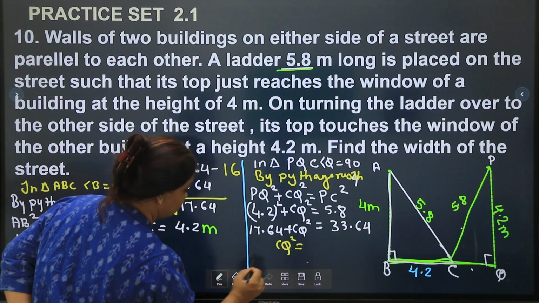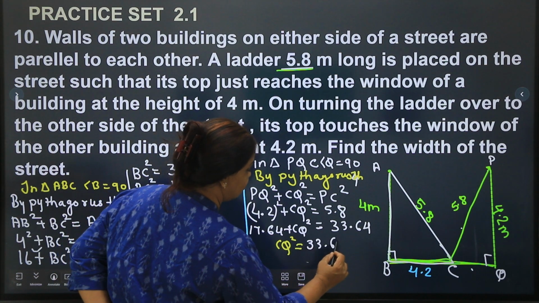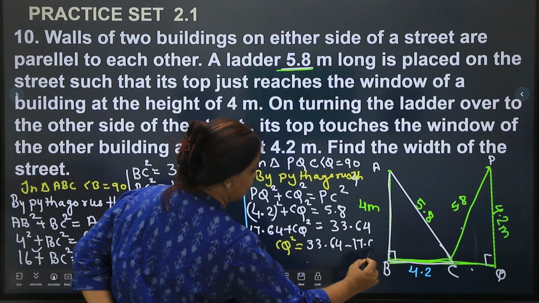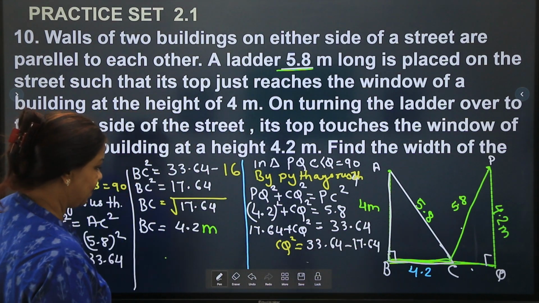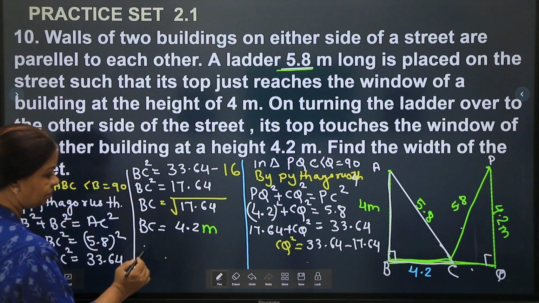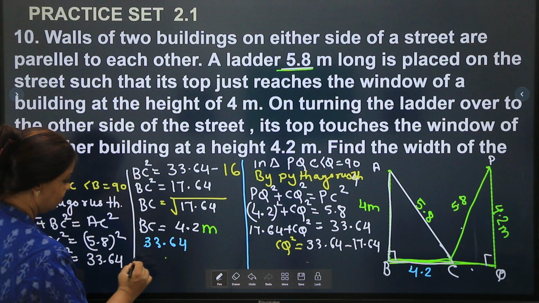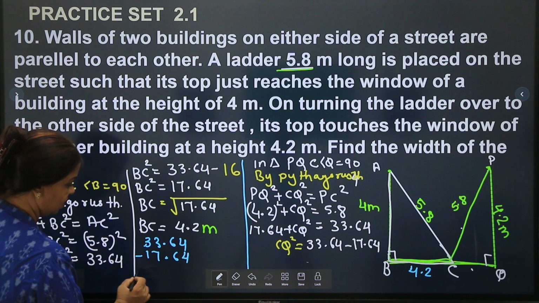So now CQ square is equal to 33.64 minus 17.64. Subtract it. Let me subtract it here. 33.64 minus 17.64.